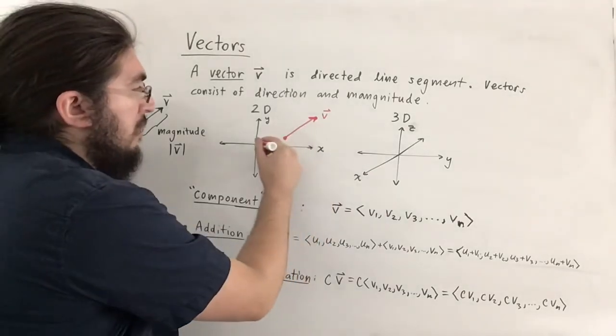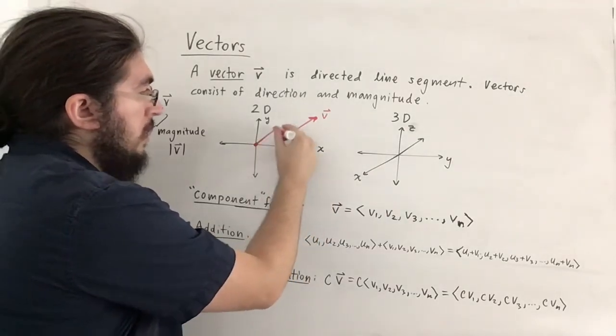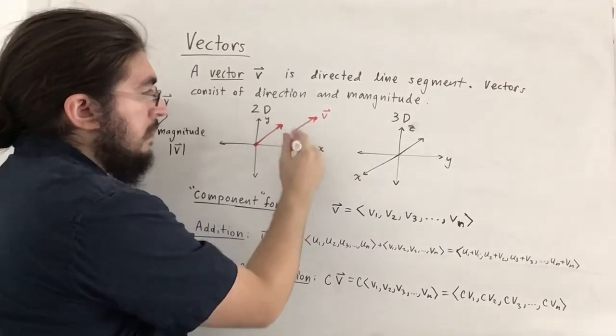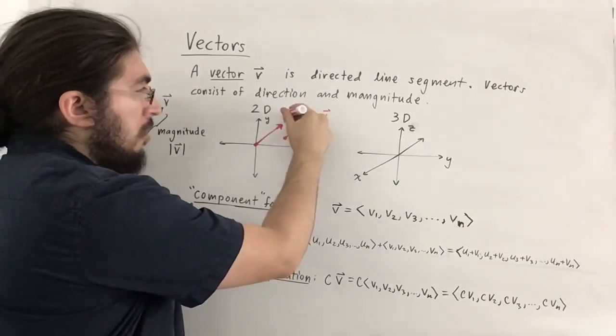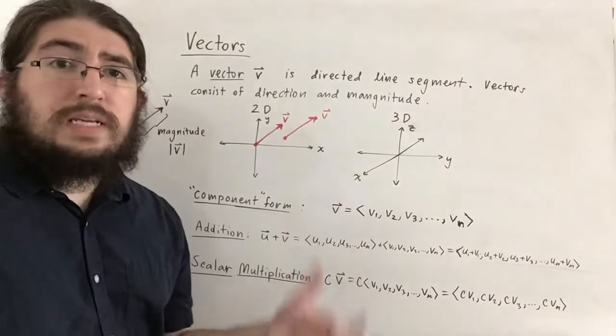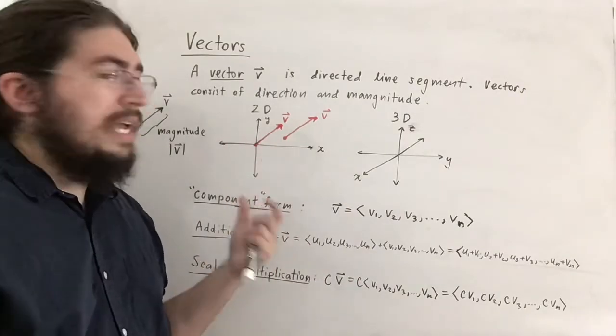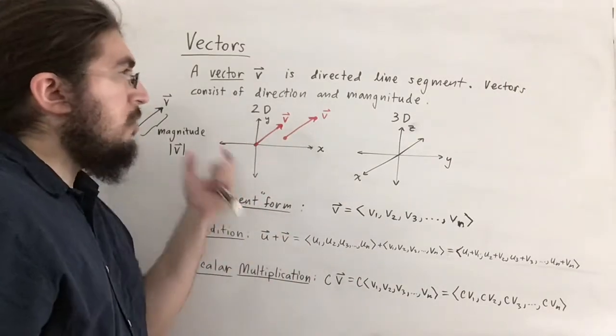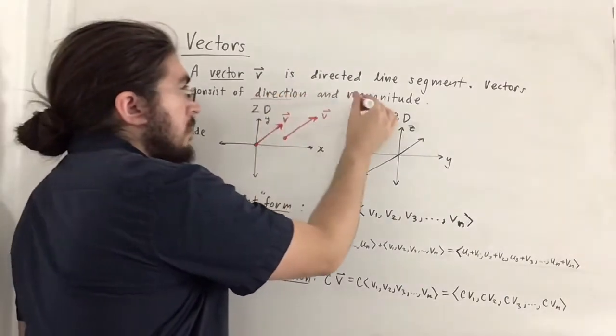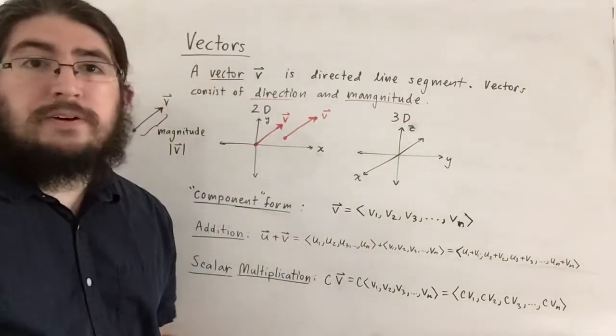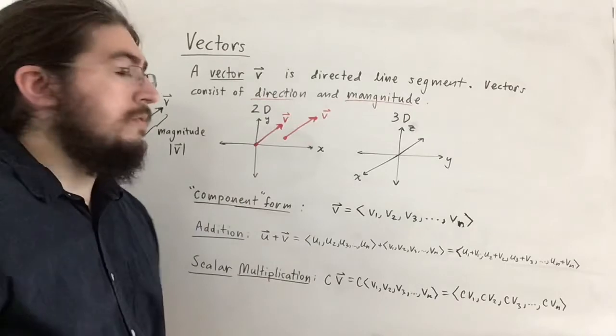So you can think of moving this tail end point to the origin and having the same direction and magnitude, and that can also be called v, which seems a little weird because we don't really have uniqueness here, but it's unique up to direction and magnitude. That's the biggest thing I can say about vectors: they are direction and magnitude.